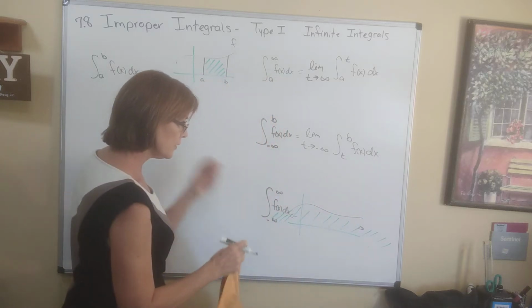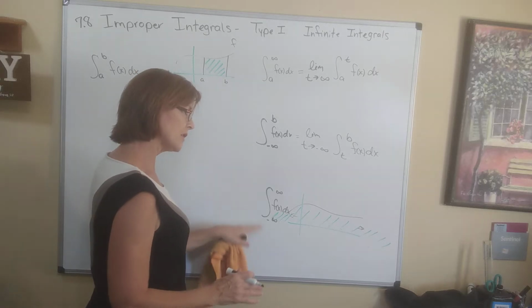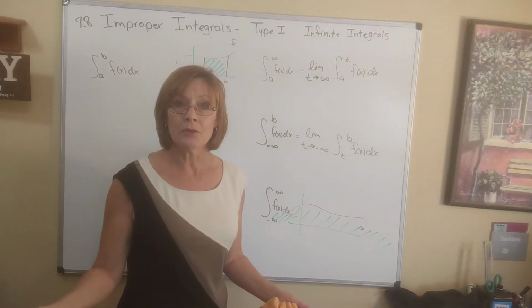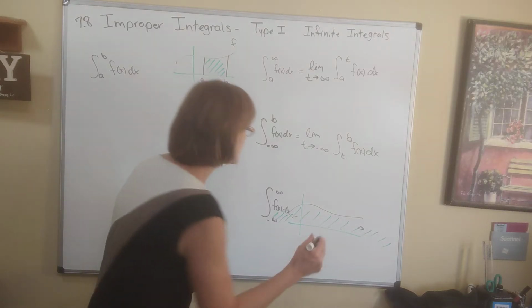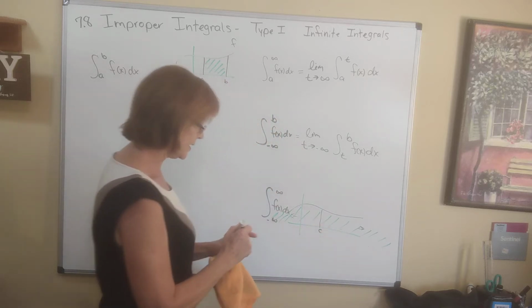Okay, and what do we do here? Well, what we do here is we pick some value c in between negative infinity and positive infinity. So any real number will do, because they all fit in the category between negative infinity and positive infinity. So we pick some value here, c, and we break up our limit into two.